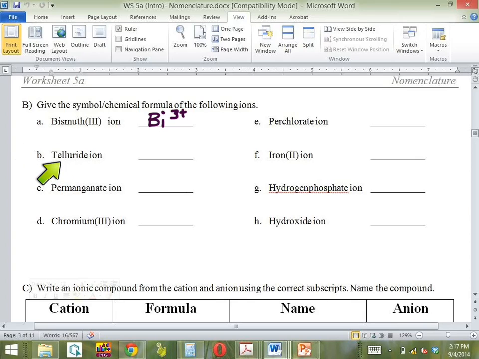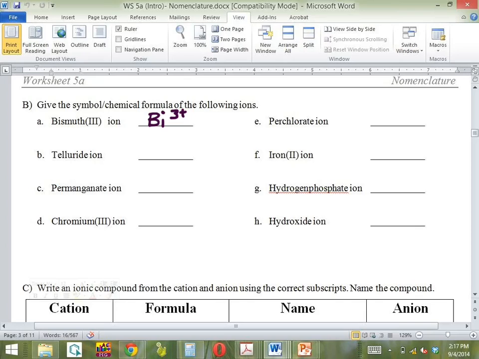If it ends in "ide," it's most likely a monatomic nonmetal anion. So telluride, I don't know, that makes me think of skiing in Colorado, right? Because there's a city named Telluride. Not that I've ever been skiing in Colorado, but I know that people do that. So what on earth is this?